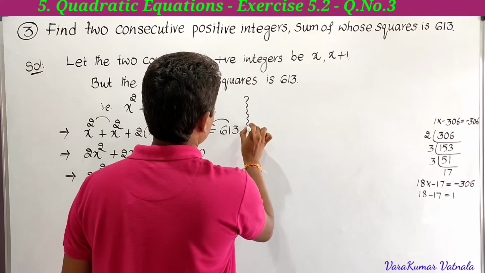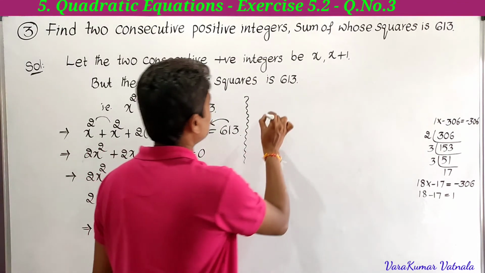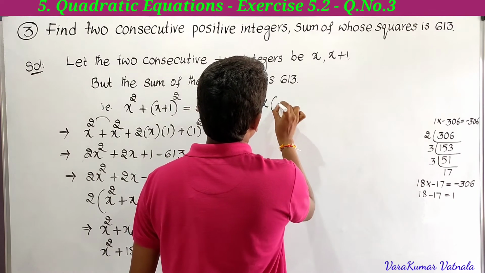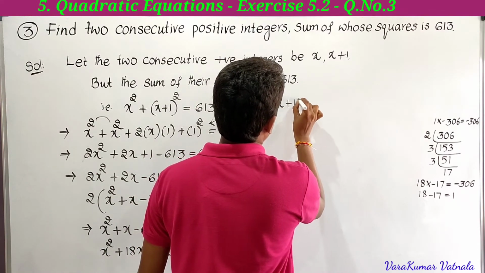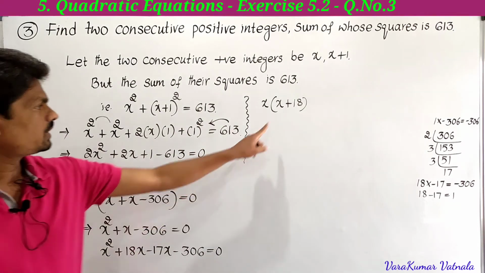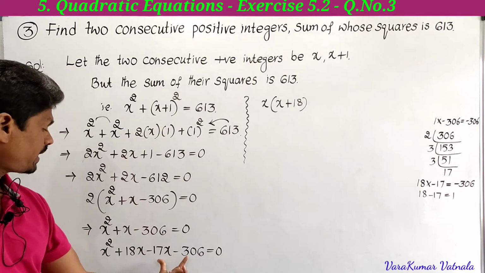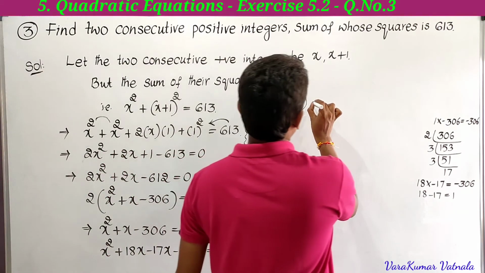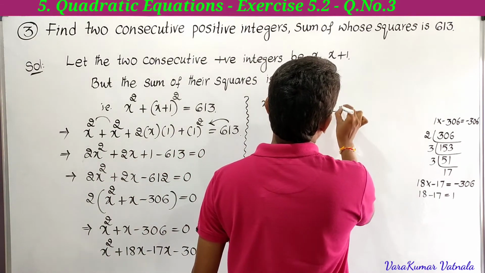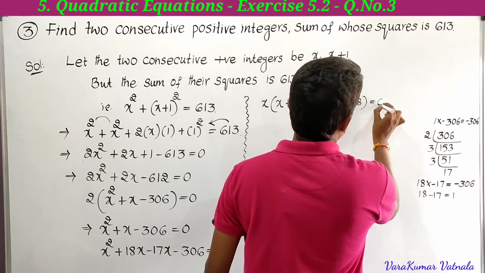So x is common in the first two terms, and we get x into x plus 18. In the last two terms, minus 17 is common, and again we get x plus 18.